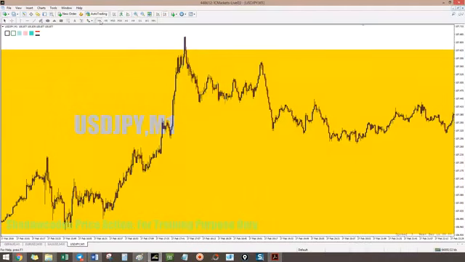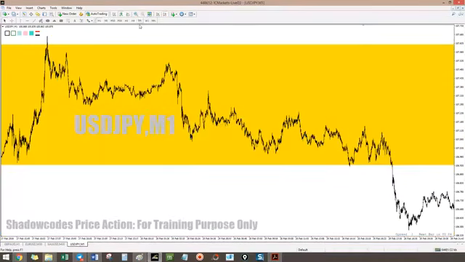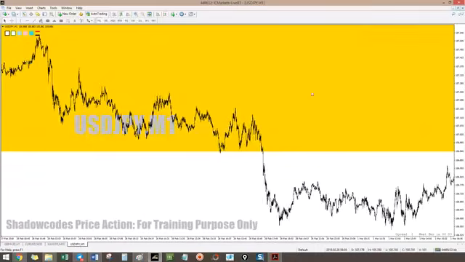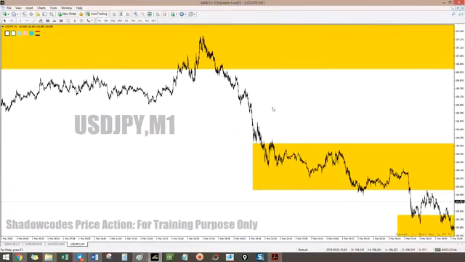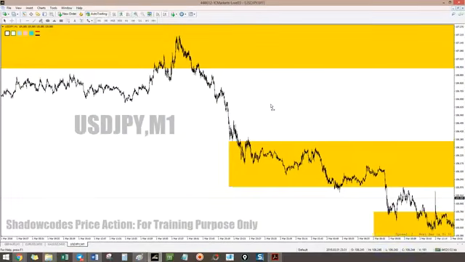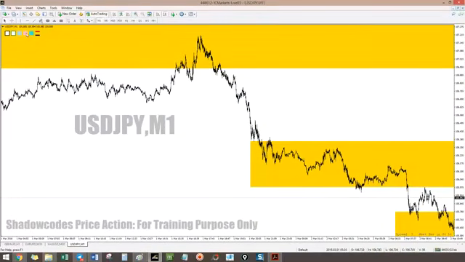Then let's change to M1. Is it too big? Yeah, it's too big. Sorry, I cannot change it because it's too big. It's okay. I can just draw it over here like this. So you have a 1 and then a 2 and then a 3.